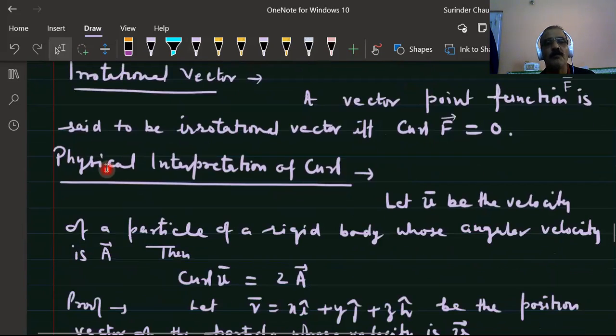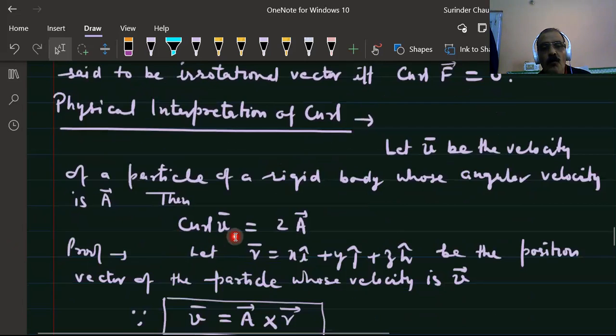Now let's discuss the physical interpretation of the curl. Let v be the velocity of a particle of a rigid body whose angular velocity is ω.